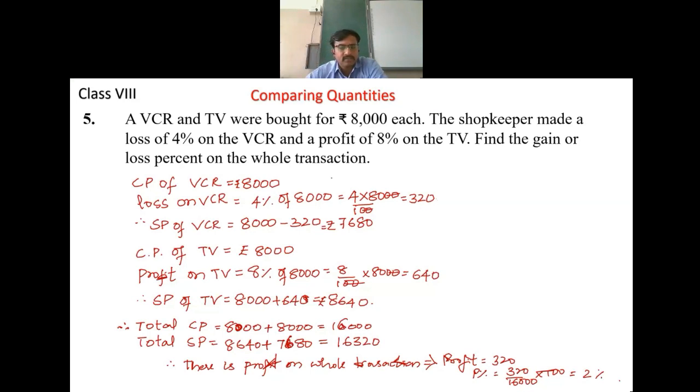Now, in this method, any doubt? If you want to follow using the formula, it's okay. Or this method. The only thing you should remember is that whenever we are finding the selling price, when loss is there, you have to subtract. When profit is there, you have to add. You should not do the reverse.